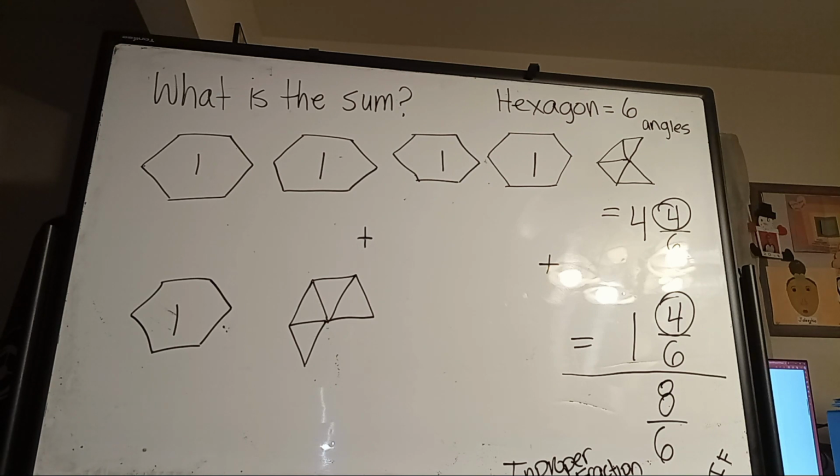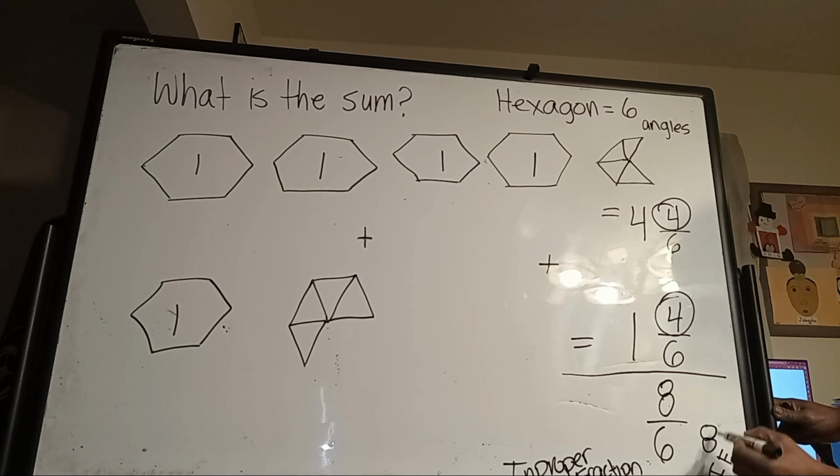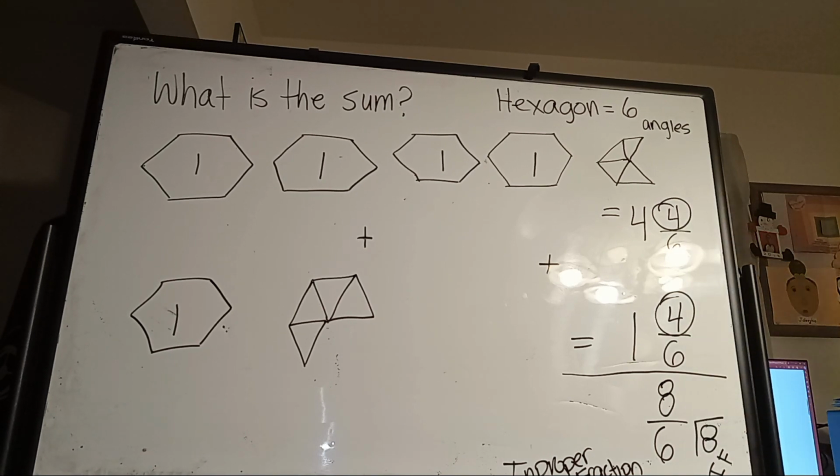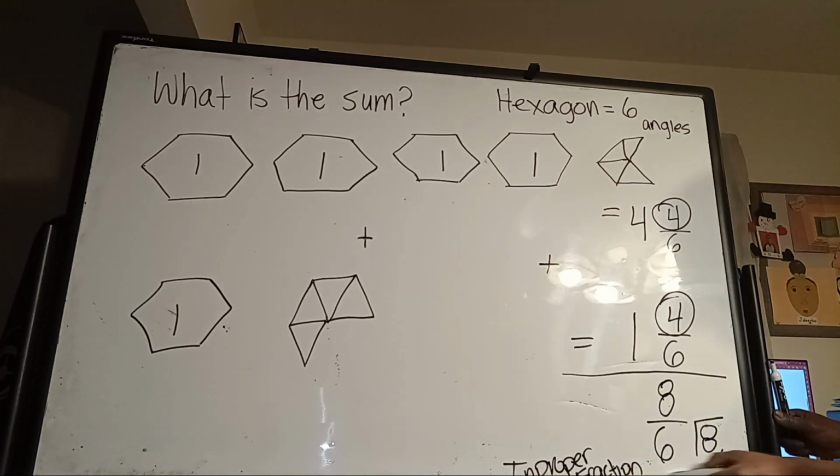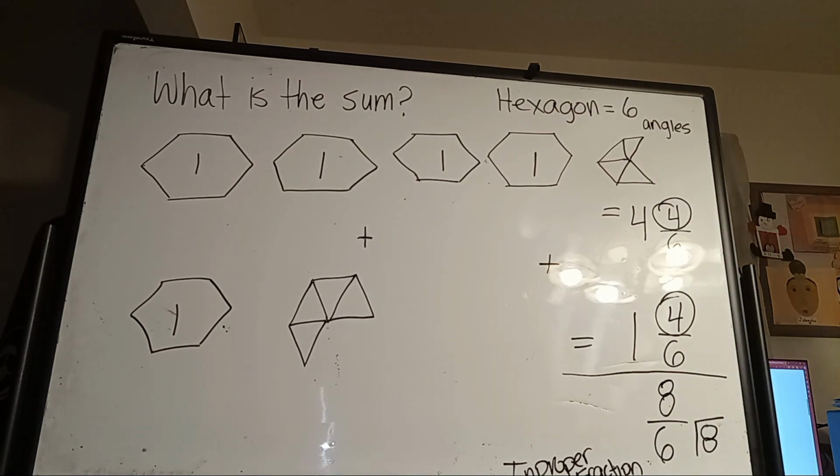So what do we do with that? Divide. We divide. So therefore, we're going to just put this 8 right into our division. We know what IF means since I wrote it over there, so I'm going to use this space. And how many groups of 6 can we get out of 8?